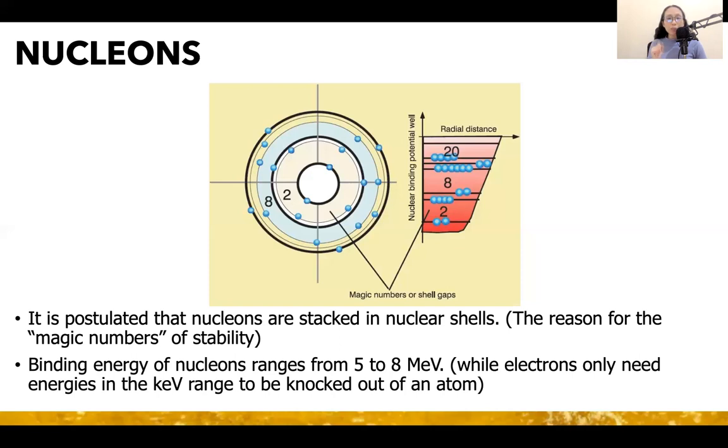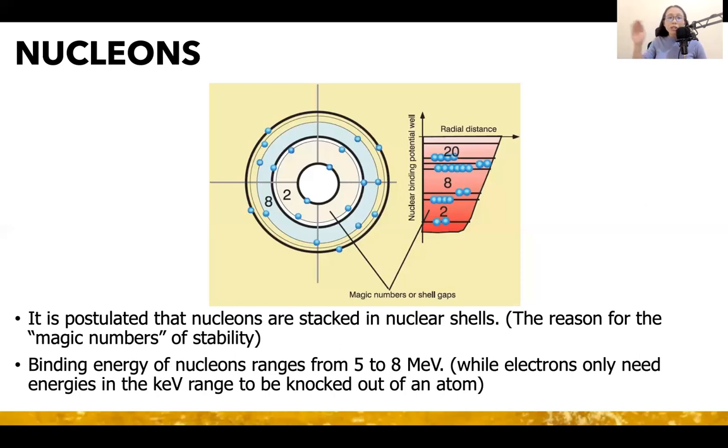In fact, it is better if the number of protons and the number of neutrons, both of them, are equal to these magic numbers. So you might connect this statement to the fact that those atoms that undergo nuclear processes are unstable. They have nuclei that are not stable.